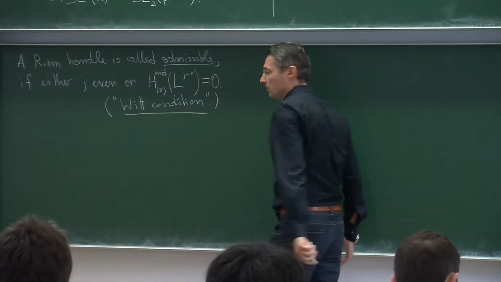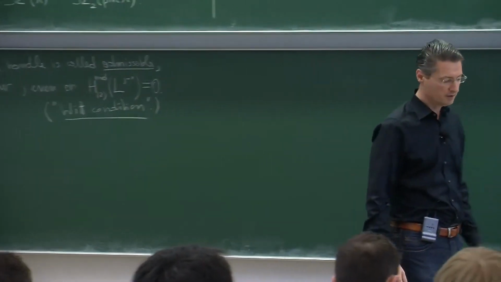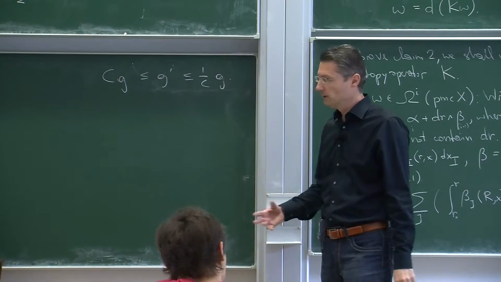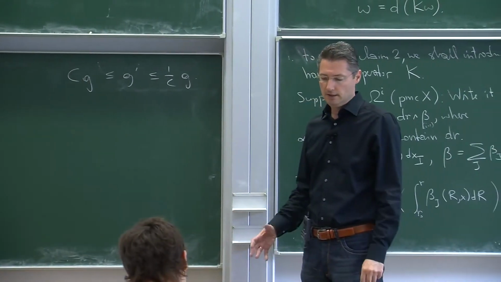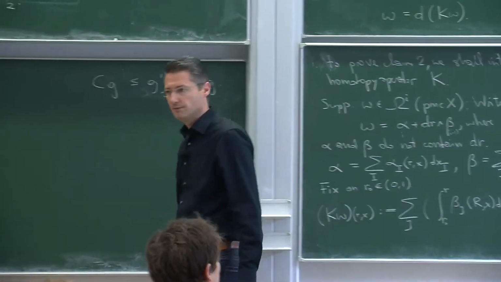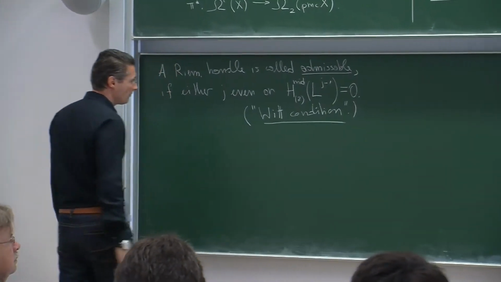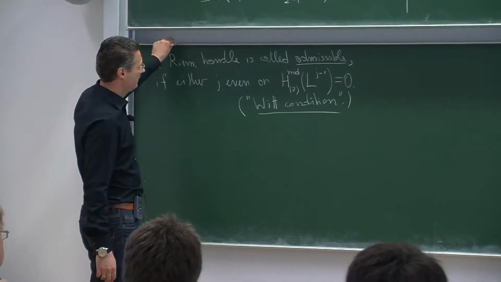The middle L2 cohomology of links should vanish. If you translate this to intersection homology, you would say the middle intersection homology should vanish for links of even dimension. So let's call this admissible.